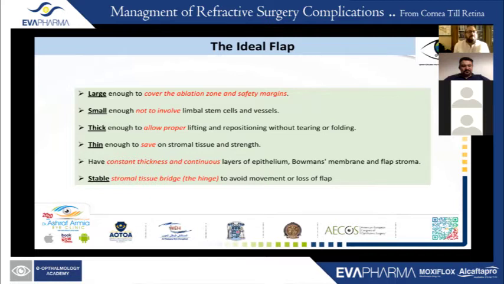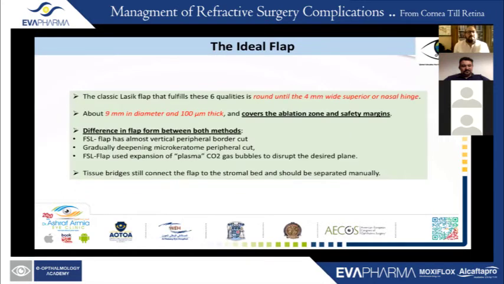It must be stable, with a stromal tissue bridge hinge to avoid movement or loss of flap. The ideal flap is about 9 millimeters in diameter and 100 microns thick to cover the ablation zone and safety margin. It's rounded, with a hinge 4 millimeters wide, superior or nasal.